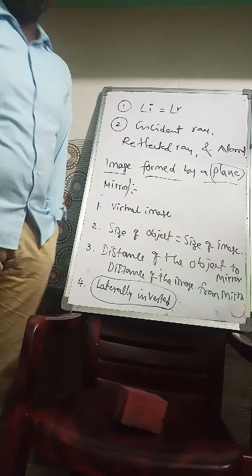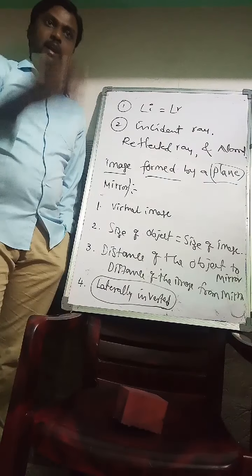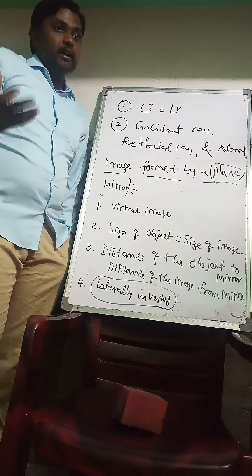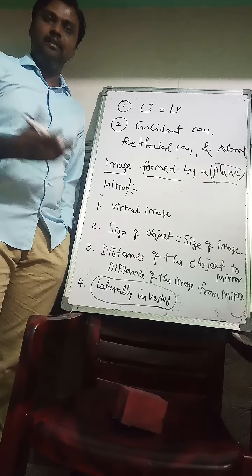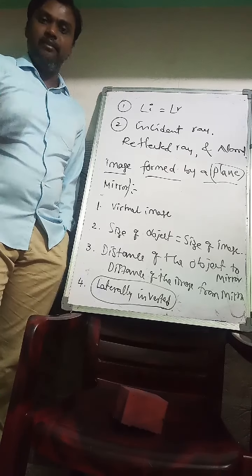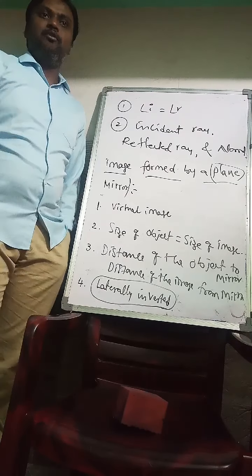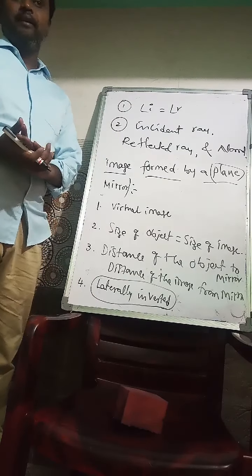Suppose you are the object standing in front of a plane mirror, your right hand will seem to be the left hand, your left eye will seem to be the right eye, and your left leg will seem to be the right leg. Only left and right are interchanged. That is called laterally inverted.